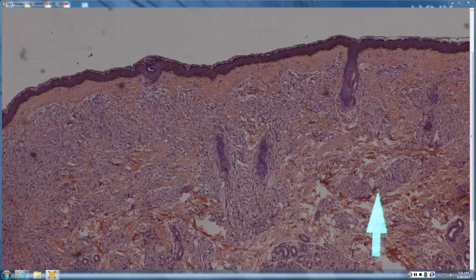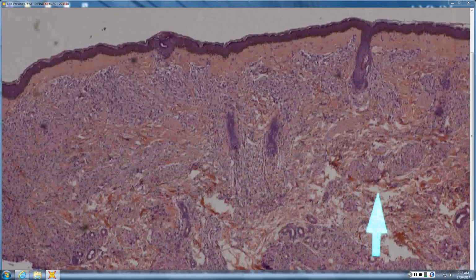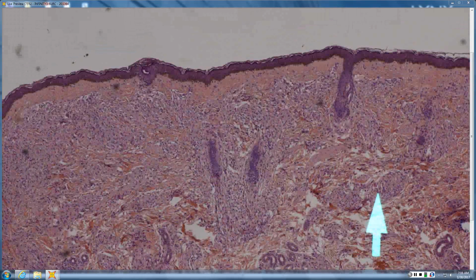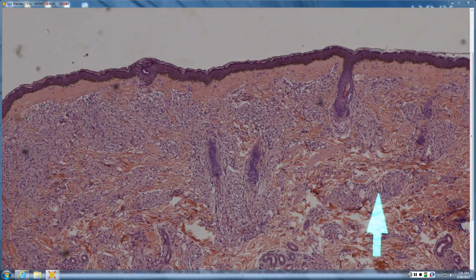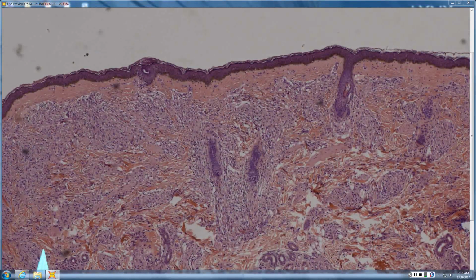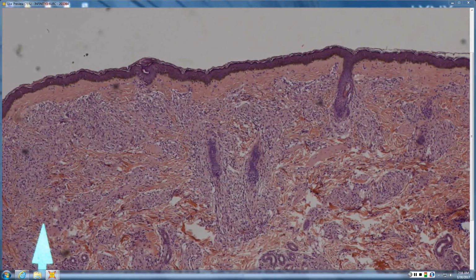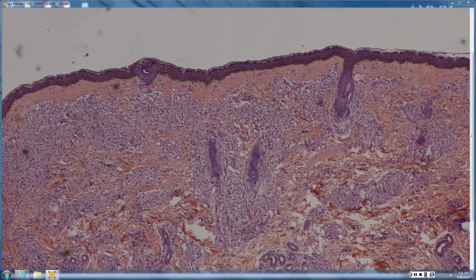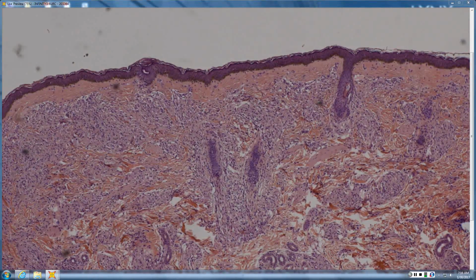Okay, number 9. So this is another lepromatous leprosy, and this one, maybe there's some in between. There's not as many of those little globi, little vacuoles, and there's some areas that are almost a little tuberculoid. So maybe this is kind of an in-betweener or a borderline lepromatous.